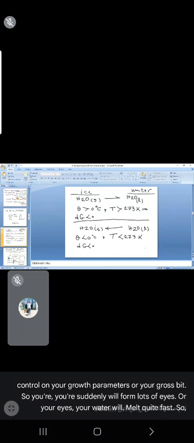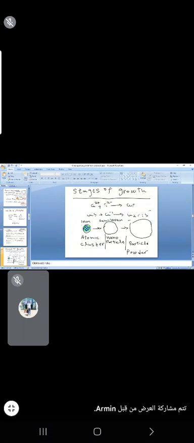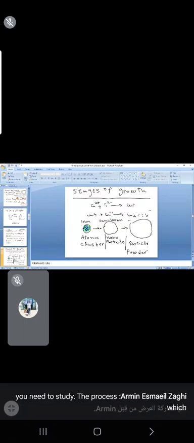So you need to study the process by which your nanoparticles or particles are formed.